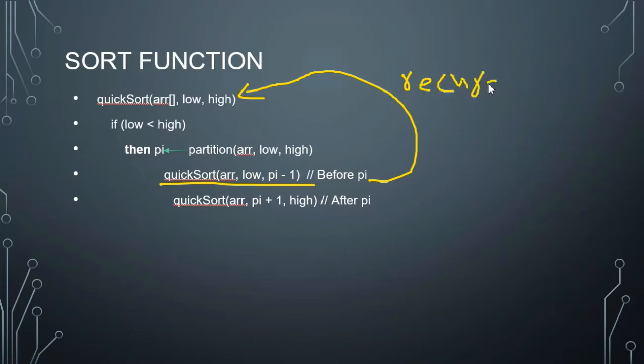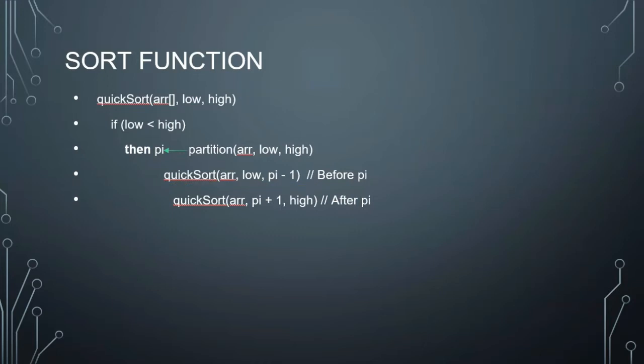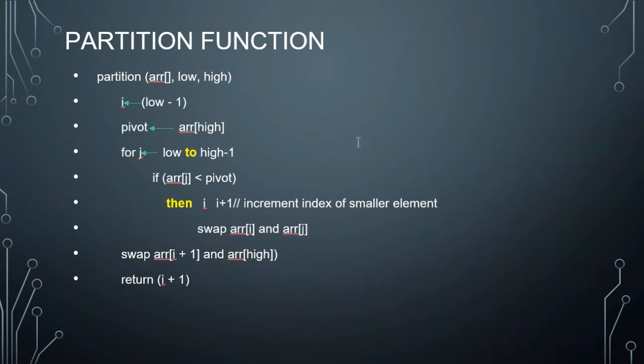So it will come here and again call the partition function, and use the technique to divide the pivot around sub arrays, as we have seen here.